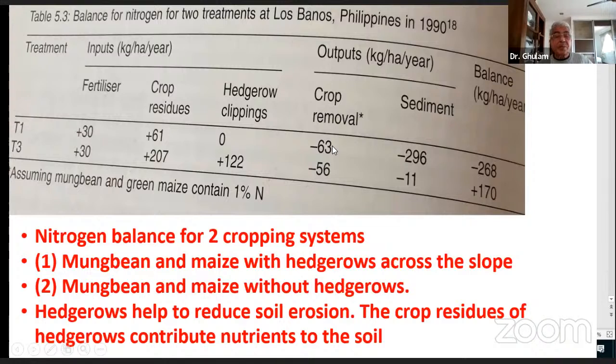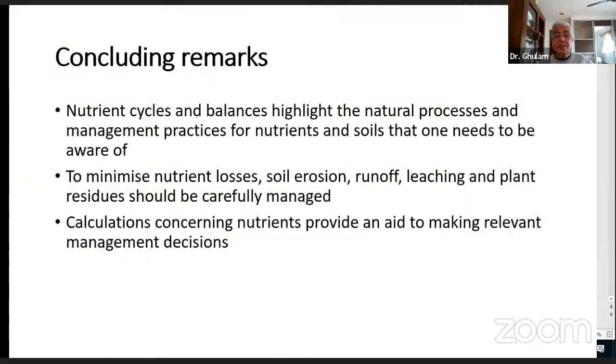So this tells them that hedgerows help a lot, not only in increasing the inputs or the gains of nitrogen, but also reducing the loss through sediment. So these are two examples where you can see that this nutrient balance can help to make decisions on the management of the agricultural enterprise.